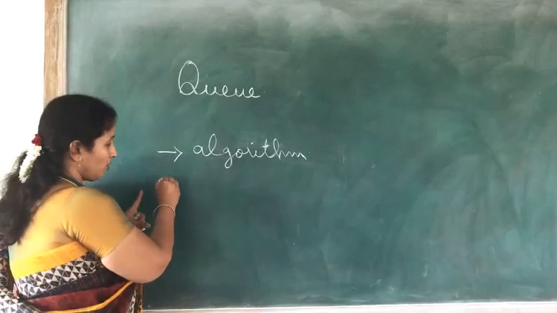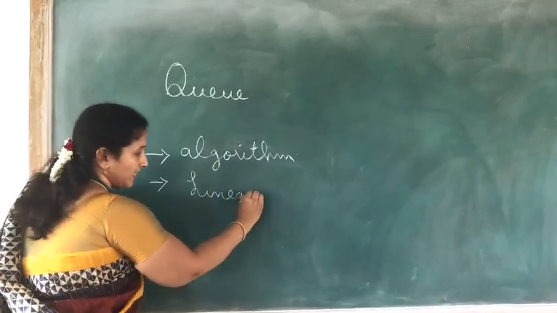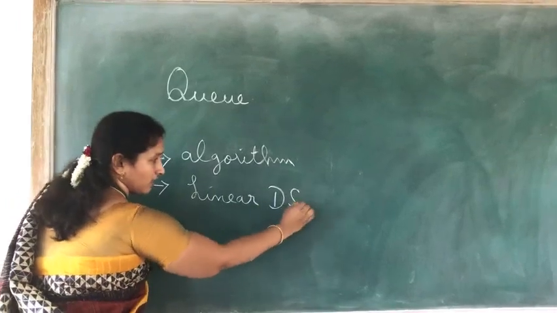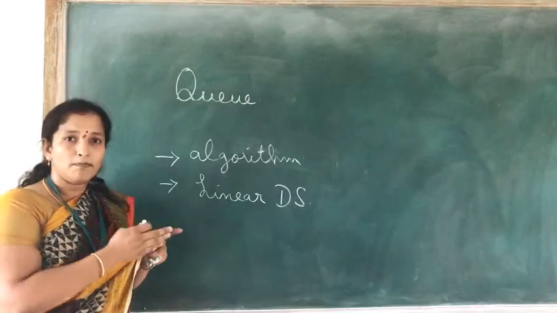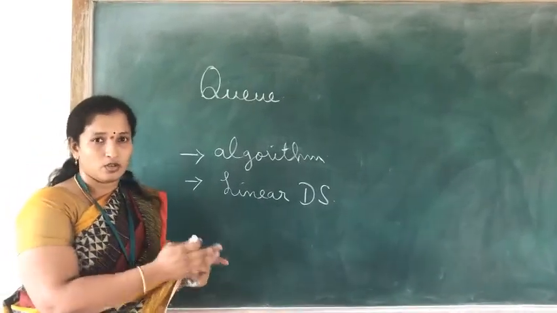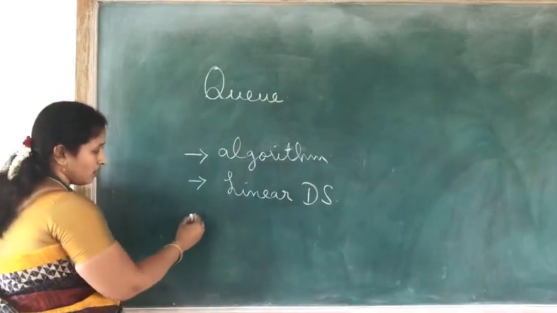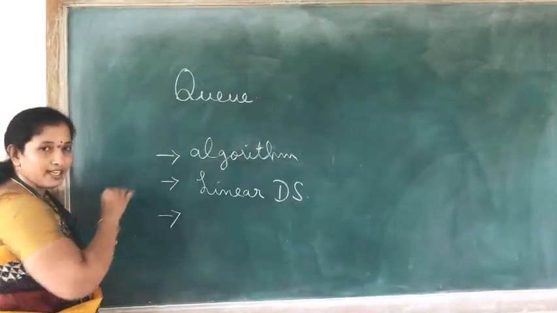The next point is that it is a linear data structure. Linear data structure means we are going to arrange the data in a linear way, one below the other. I will show the demo later on. The next thing is we have certain operations to perform on this linear data structure.